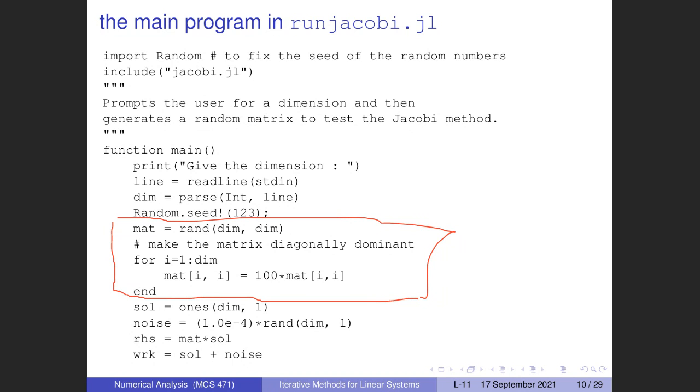We will make a system where we know the solution. The solution here consists of ones. And we will also add some noise. That means that we have to start from somewhere, so we can actually regulate how close we are starting.